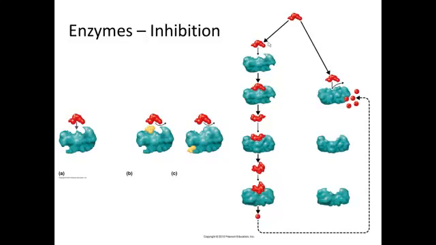Say we've got amino acid A and we need more of amino acid B, but you can't take amino acid A and just immediately make it into amino acid B. You've got to change it to shape like this, you got to change it so it looks like this, and then at the end you get this. So we have 1, 2, 3 enzymes that are involved in this process. So enzyme A does this job, enzyme B does this job, enzyme C does the final job.